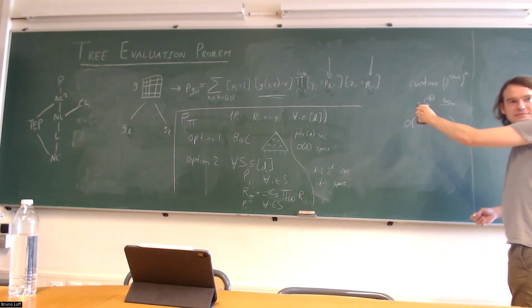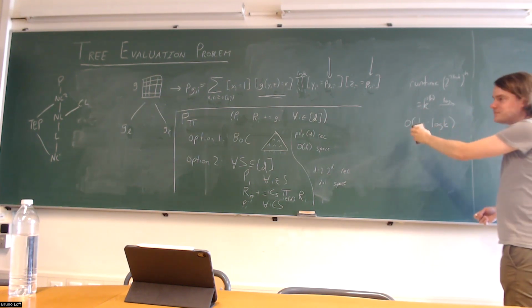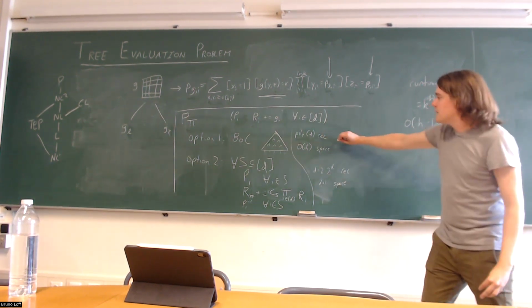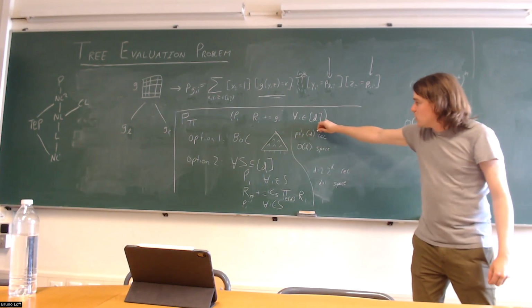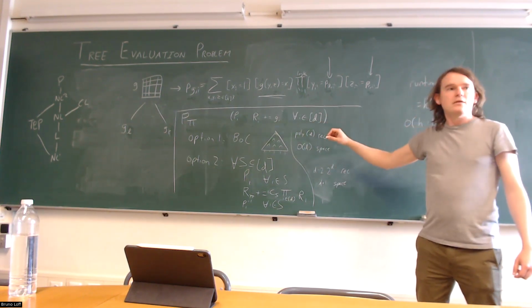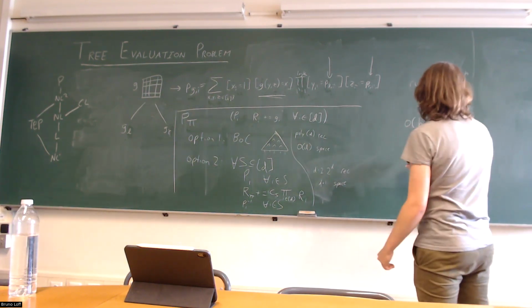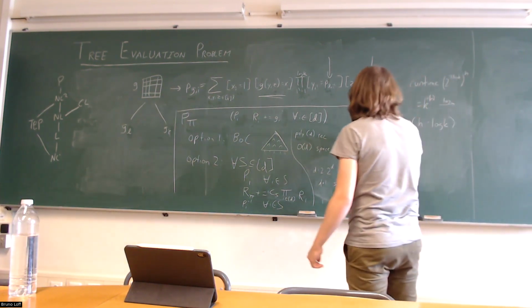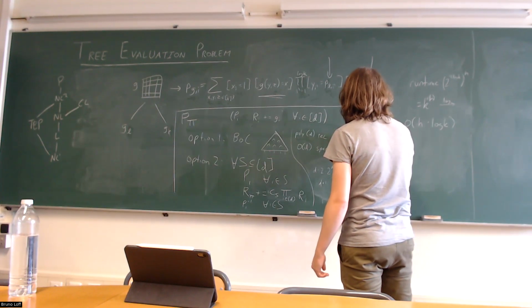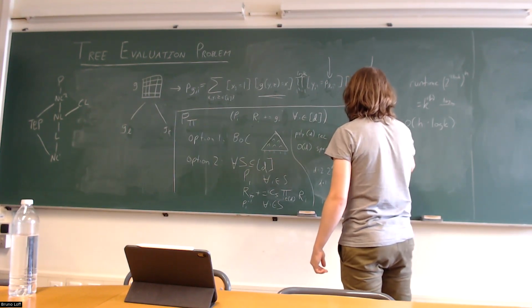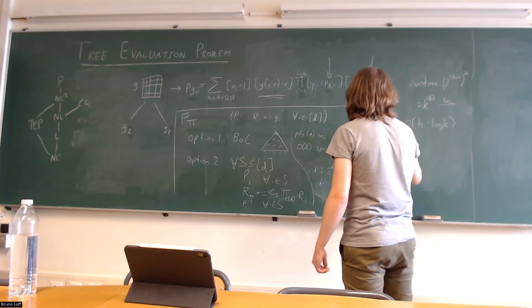Why doesn't the other one work, where D is now like log k? The other one's really good. Poly D is like poly log k. So the runtime, if I could use this, is poly D or poly log k, to the h.